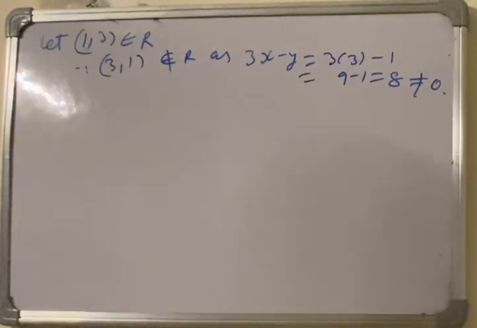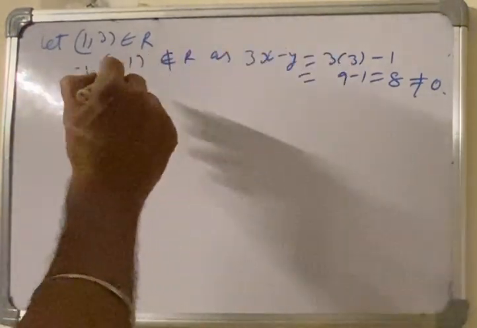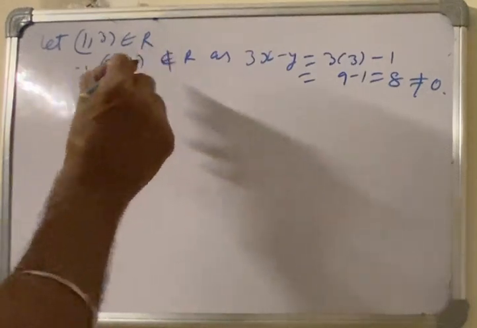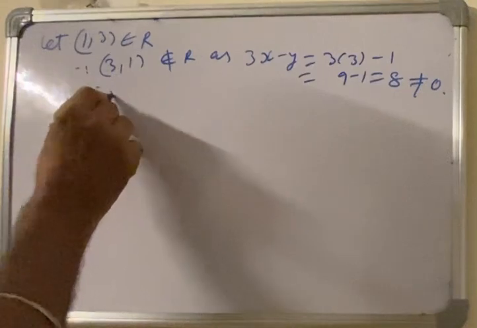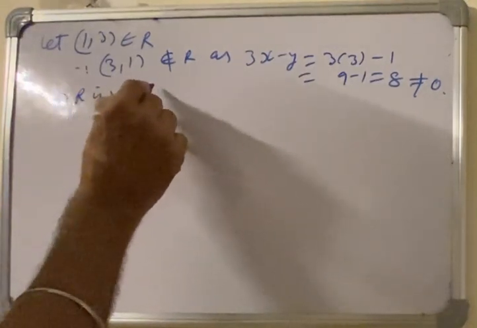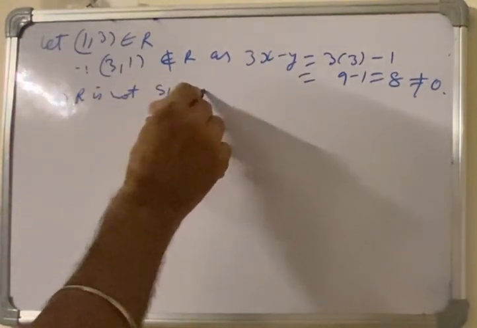Why? Because 3x minus y should be 0. Since this is not equal to 0, therefore (3, 1) does not belong to R. That means R is not symmetric.